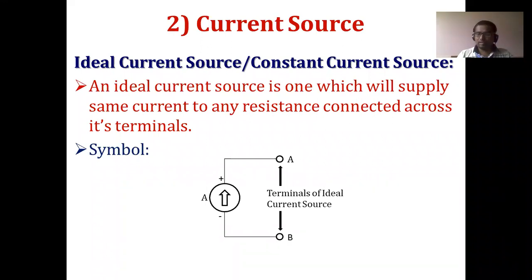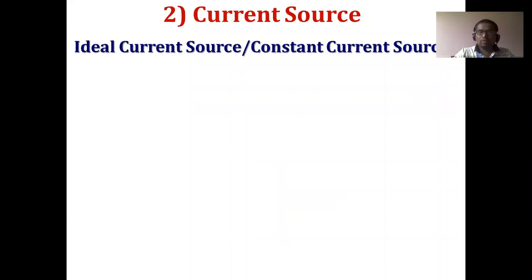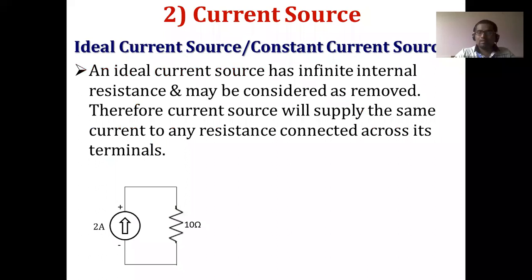Get it, my point? Now let's consider this ideal current source and its load resistance. Here I consider that the ideal current source is of 2 ampere and a 10 ohm resistance is connected across it. So how much current will flow through that 10 ohm resistance?